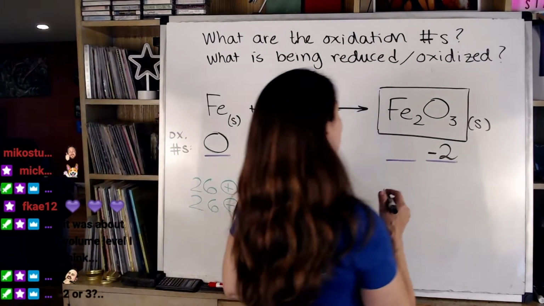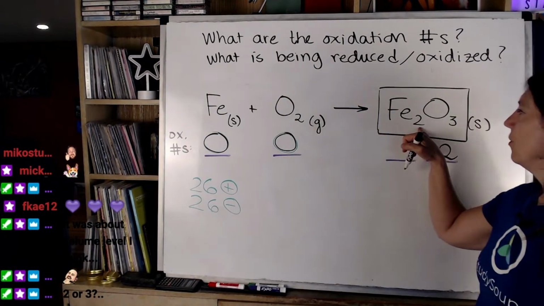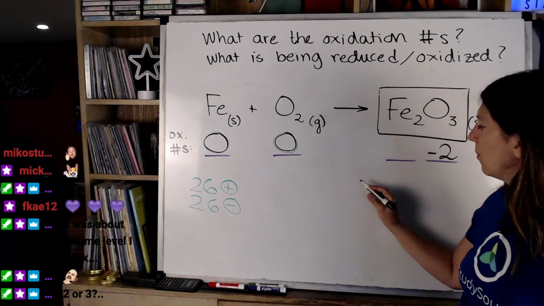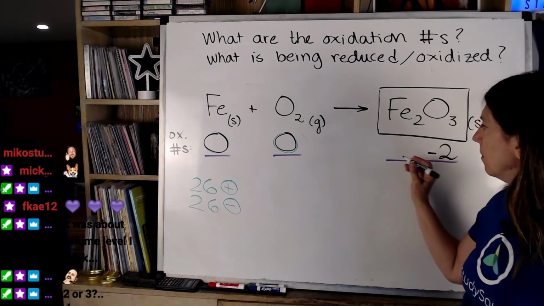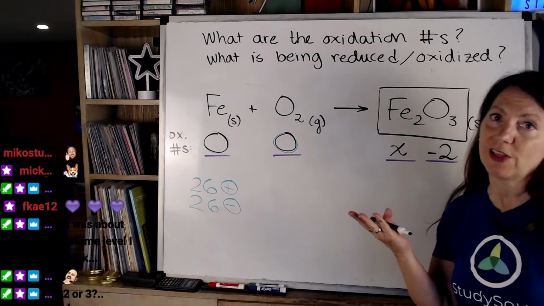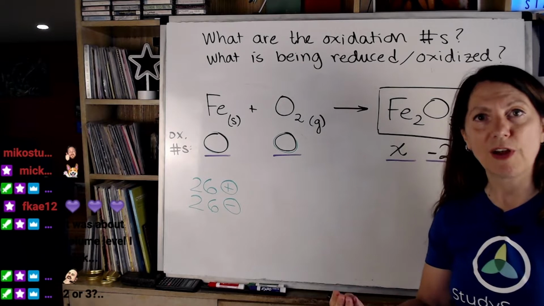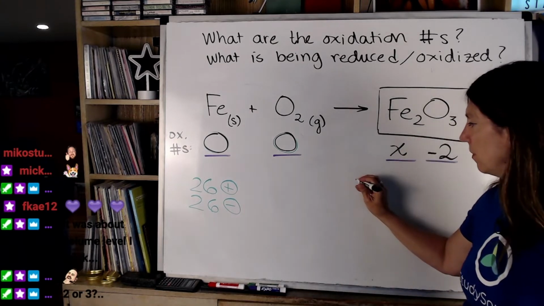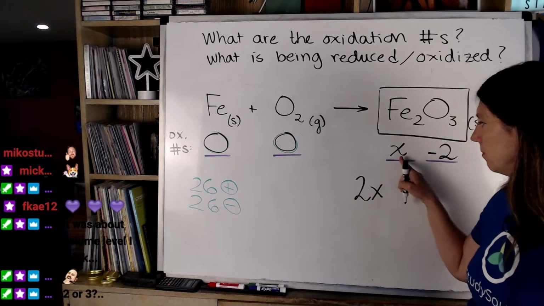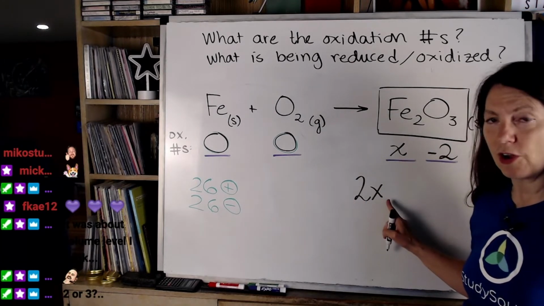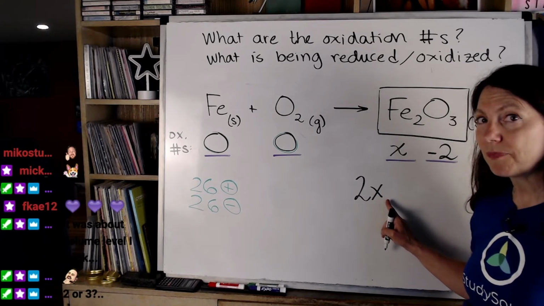So let's look at this. We have 2 irons for every 3 oxygens. And so we could say, all right, we don't know what this number is yet, so let's just call it X. And then let's solve for X. And there are 2 irons, or in other words, 2X. There's 2 irons that have some charge to them that we don't know yet.